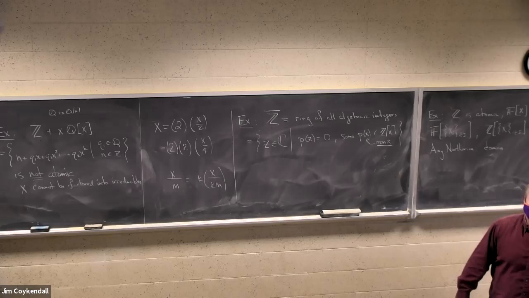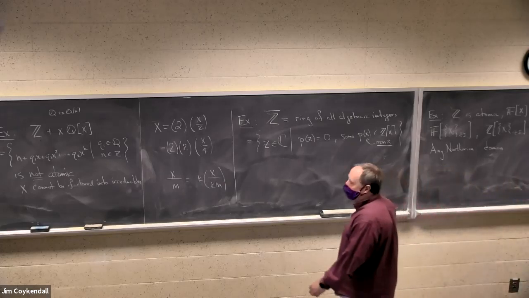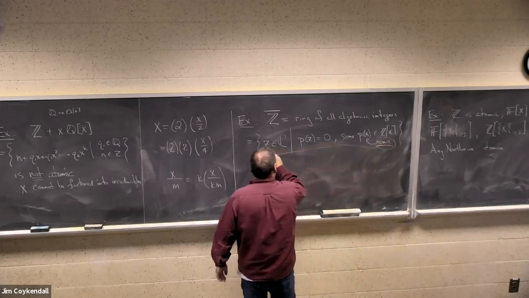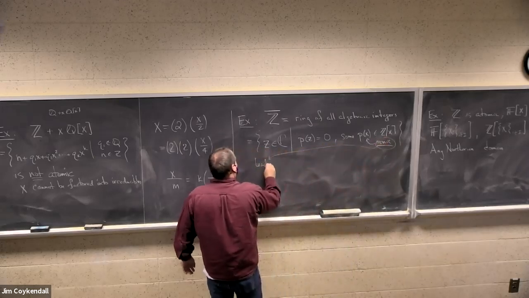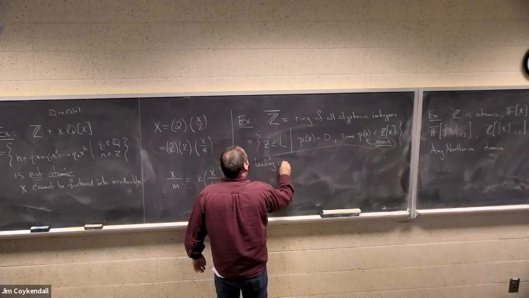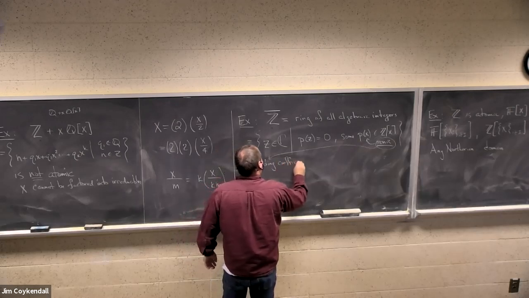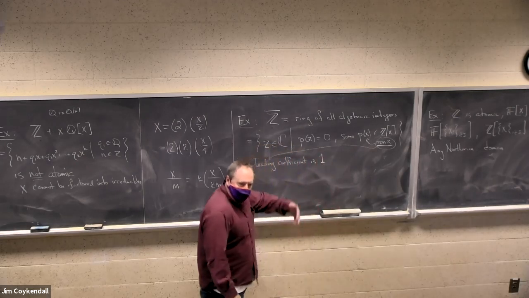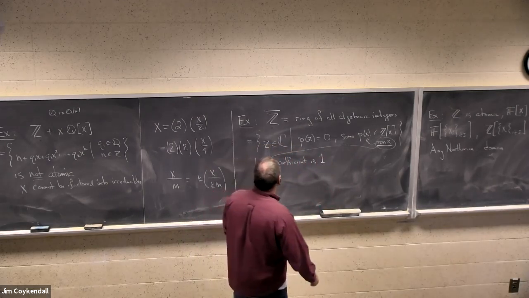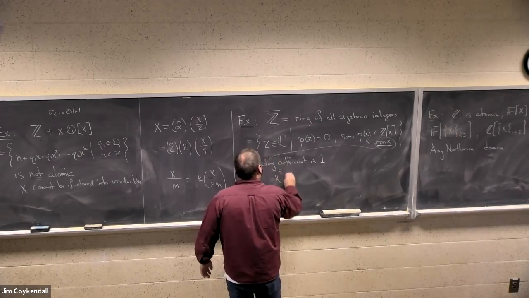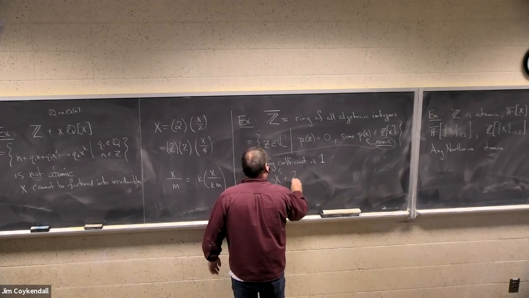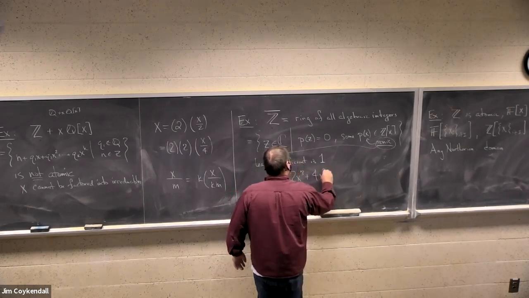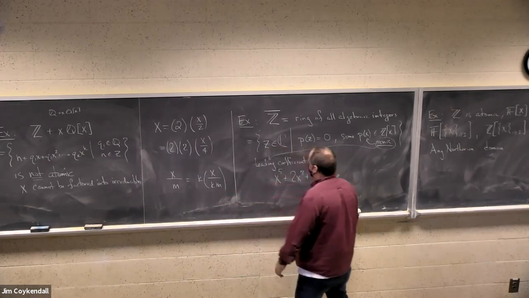Yeah, how many of you know what I mean by monic polynomial? Monic means leading coefficient 1. By leading, I mean the highest degree coefficient. So, for example, you have x to the fifth plus 2x cubed plus 4x squared plus 6.